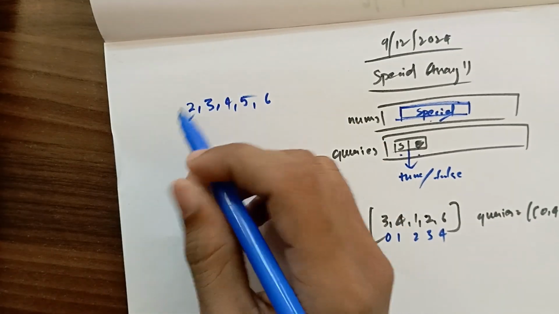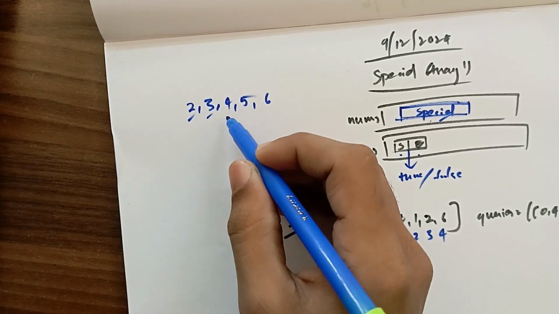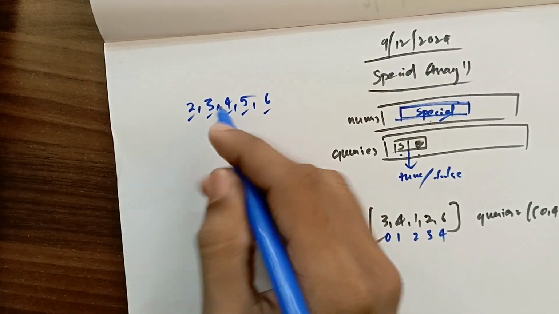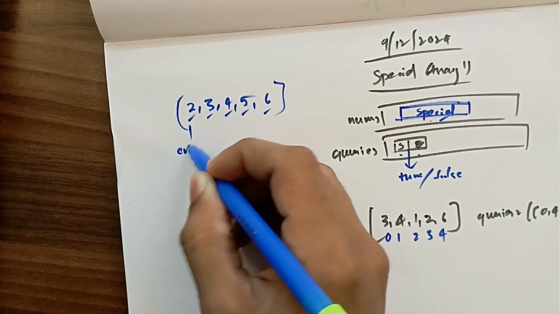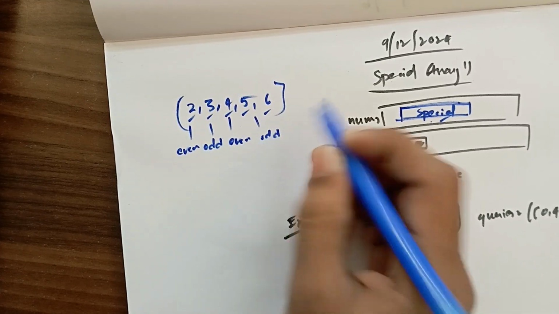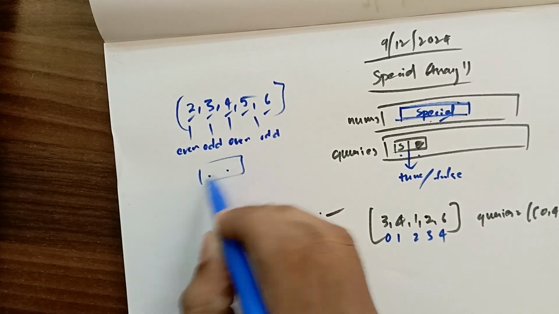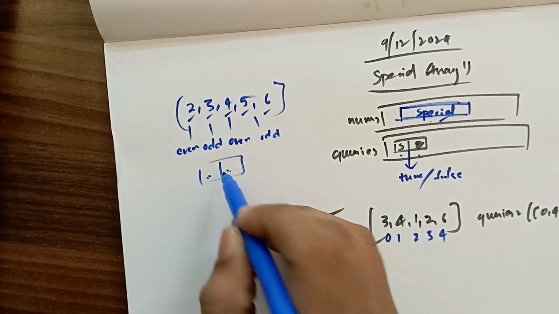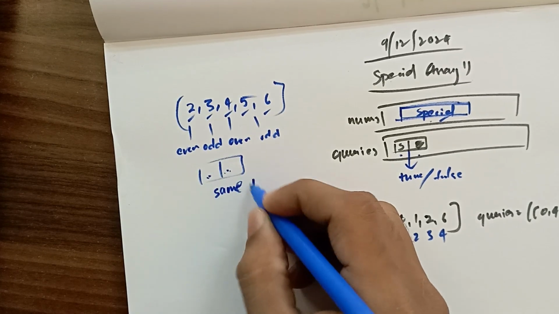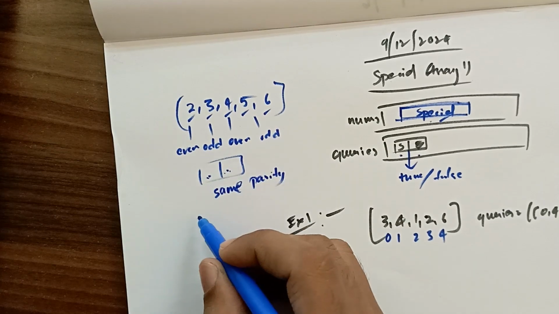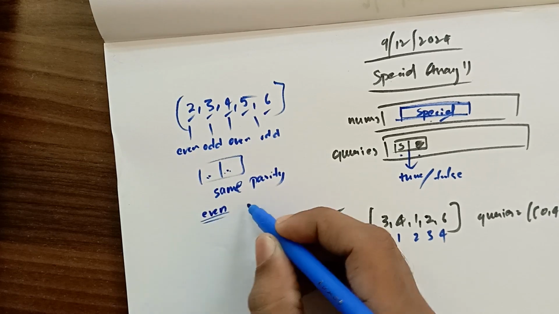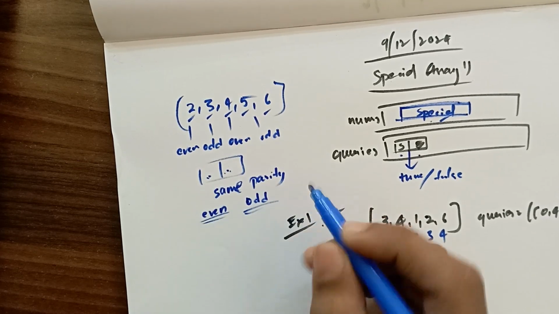Now 2 is even, 3 is odd, 4 is even, 5 is odd, 6 is even, and that's all. So one should be even and the other odd, then even and then odd. That means no two adjacent numbers should have the same parity. That means they should not be both even or both odd.